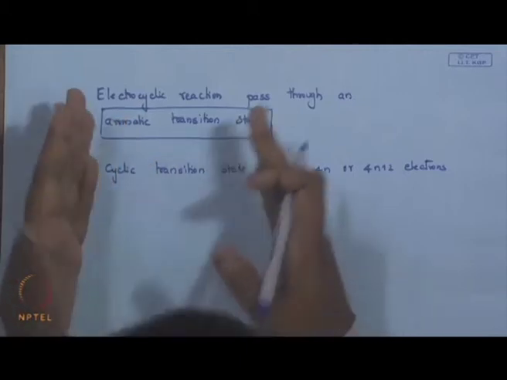So, your first statement is that an electrocyclic reaction passes through an aromatic transition state. Then you say that in this aromatic transition state, normally the electrons involved are either a 4n or a 4n plus 2 system.